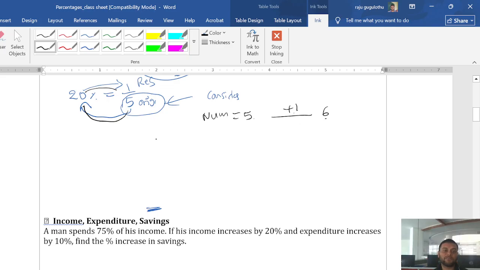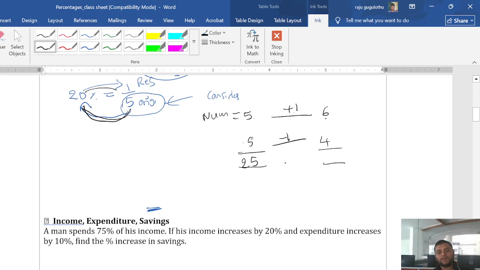And the question says the number is next reduced by 20%. So the original number is 5. It is reduced by 20%, and 5's 20% is 1. So the value is reduced by 1 and it becomes 4, guys. In both operations, the number stays the same, that is 5 into 5, 25 is the number. After these operations, 6 into 4, 24 will be the remaining number.